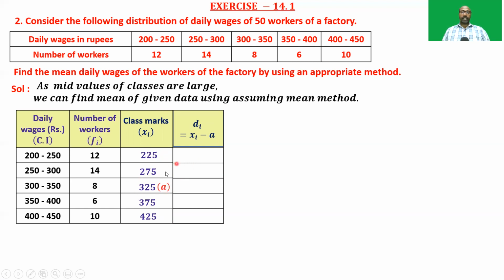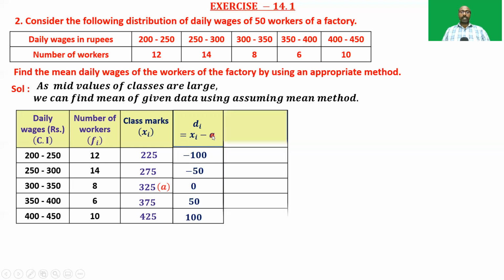Now we have to find the deviations of the class marks from this assumed mean, that is, xi minus A. That is 225 minus 325 is equal to minus 100, and 275 minus 325 is minus 50. The deviation of 325 from itself is 0. 375 minus 325 is 50. 425 minus 325 is 100.